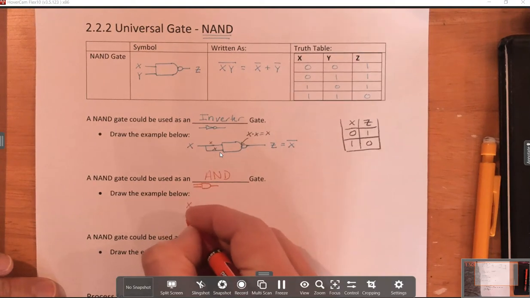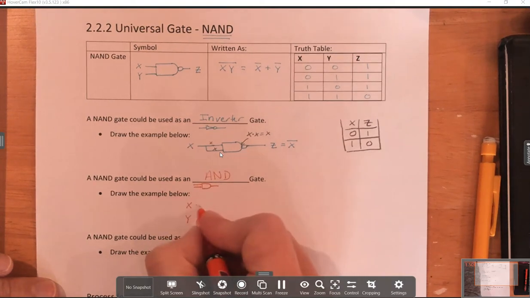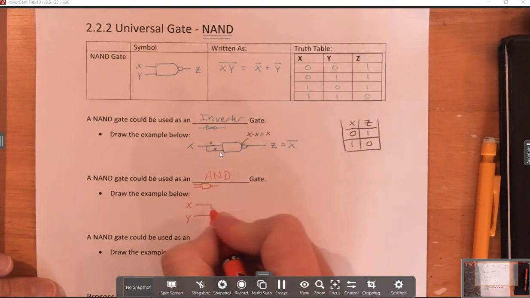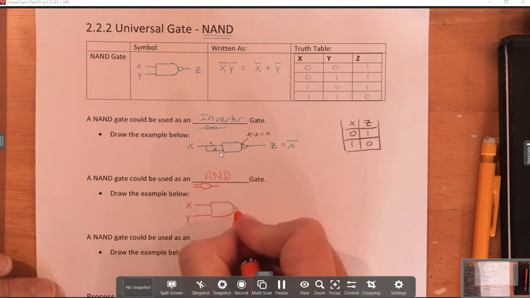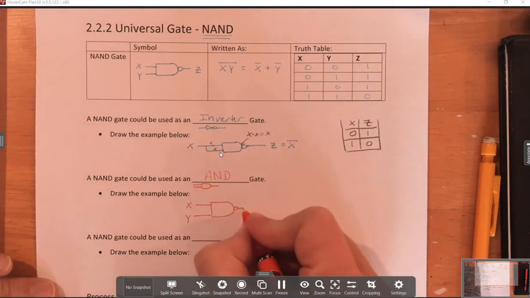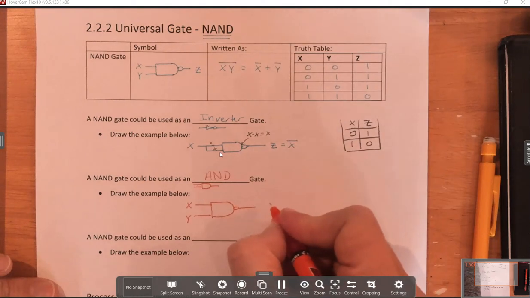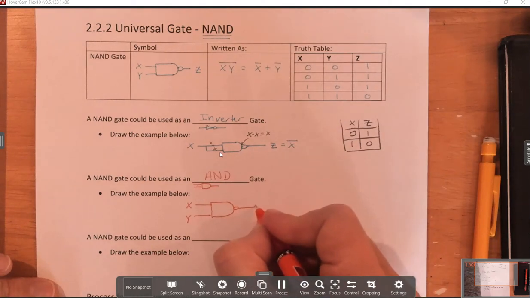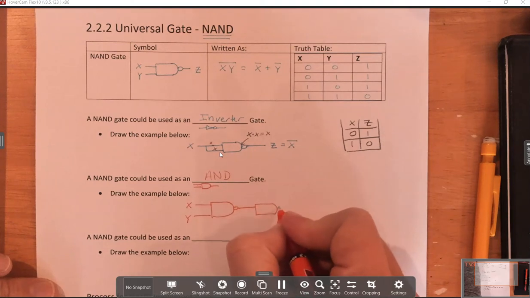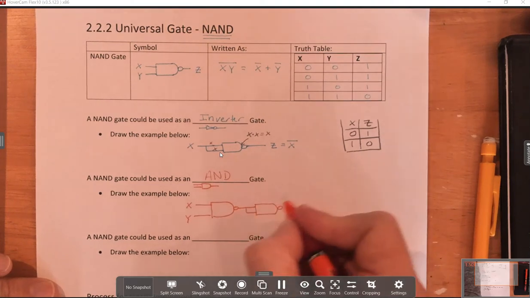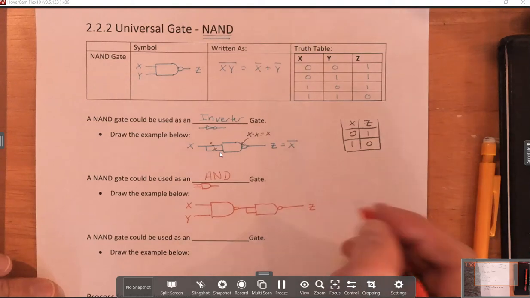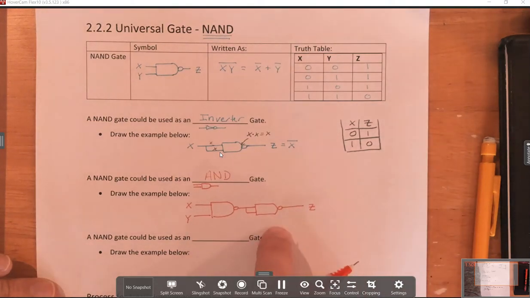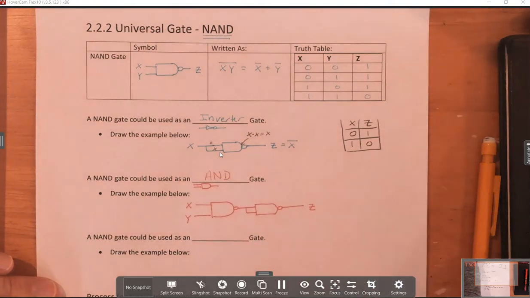If we have two inputs, X and Y, they go into a NAND gate. The output is then going to run into a NAND gate used as an inverter. And this logically does the same thing as an AND gate.